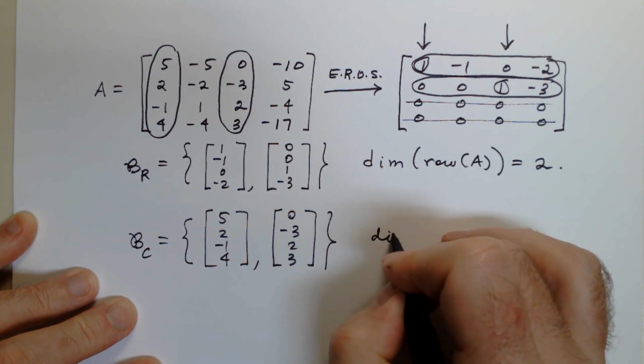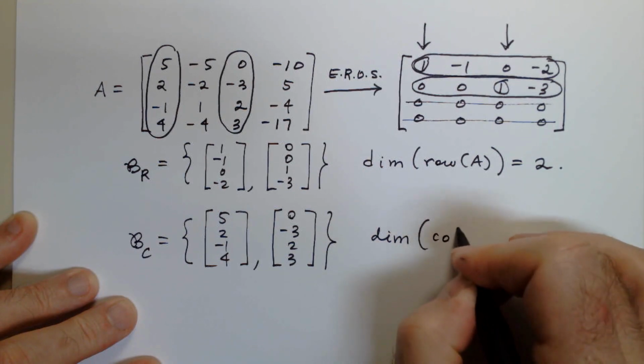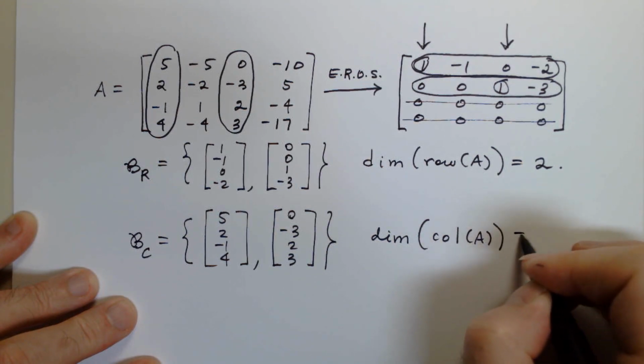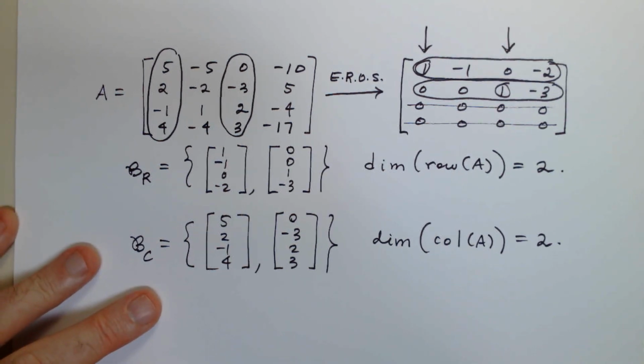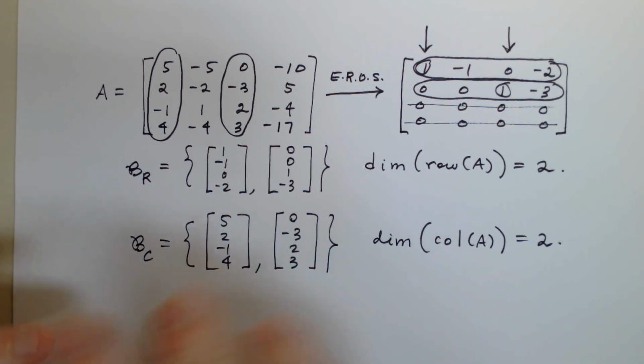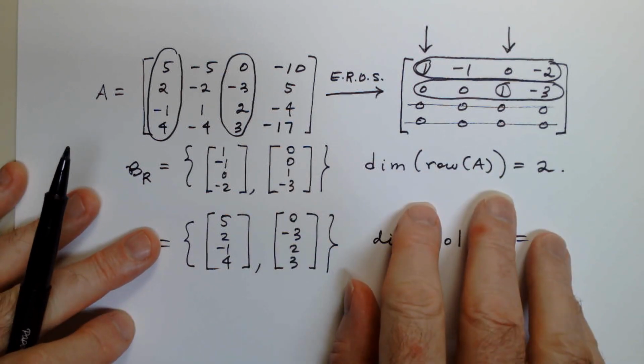The dimension of the column space of A is therefore equal to 2 because we have a basis of size 2. Now, if you're again trying to extract a general principle of this, what would you do?